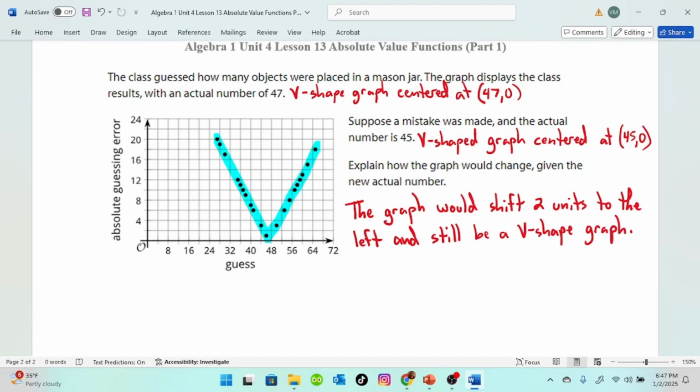An absolute value function will produce this V-shaped graph centered at the actual value.